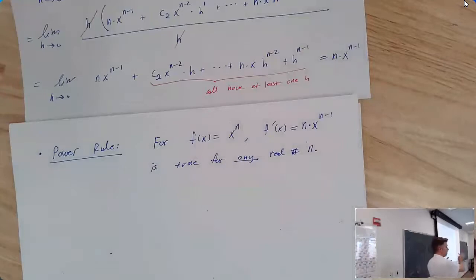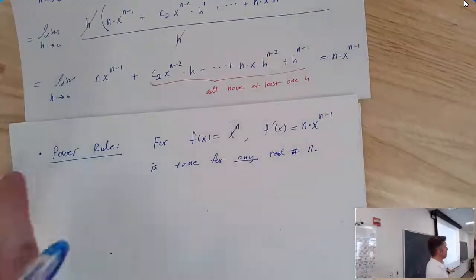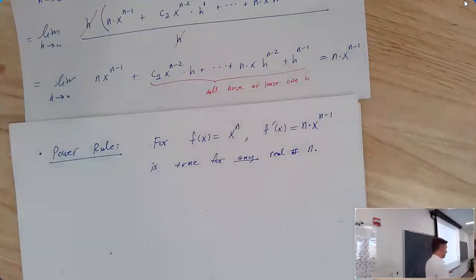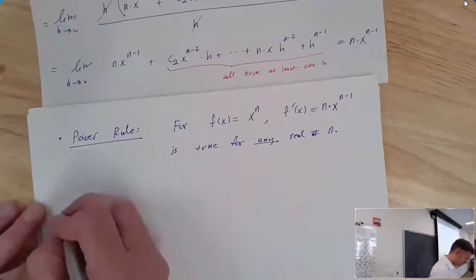But if you haven't already had your first exam, we'll ask you to use the limit definition to show something as a derivative, and after that we'll move beyond it. But this is where we're moving towards. So let's look at a couple other examples, and we'll kind of straddle using the limit definition versus not using it today. Let's look at a couple other examples about the power rule.